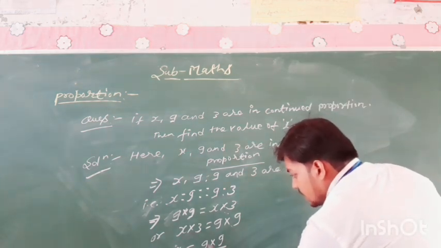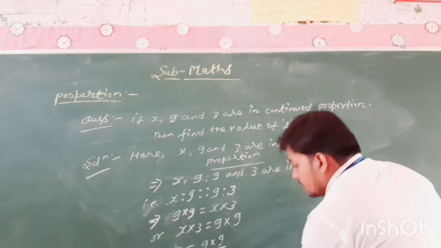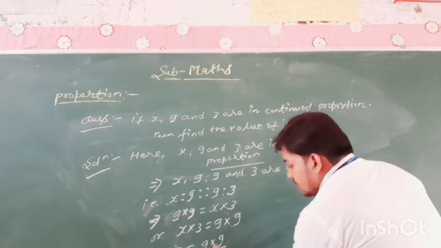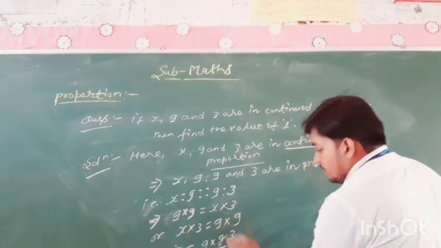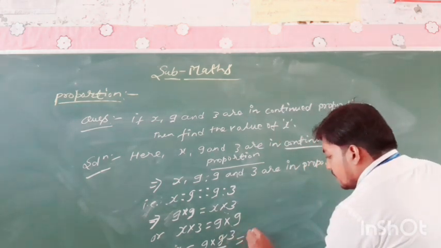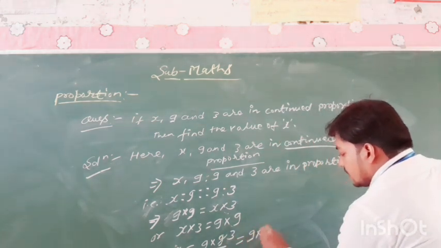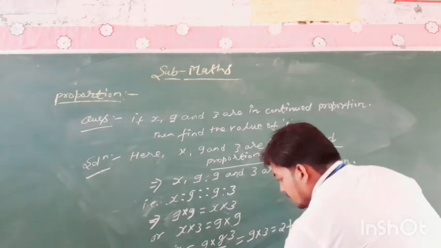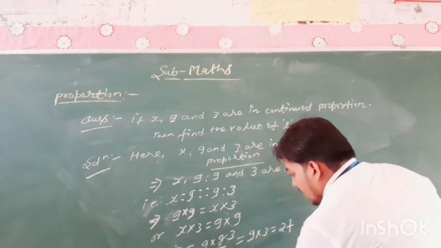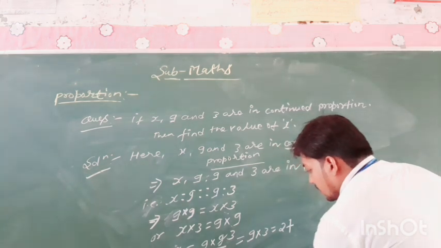So x equals 9 into 9 upon 3. Here simplification of 3 and 9, 3 3s are 9. So we will get 9 into 3, which is 27. So value of x is equal to 27.